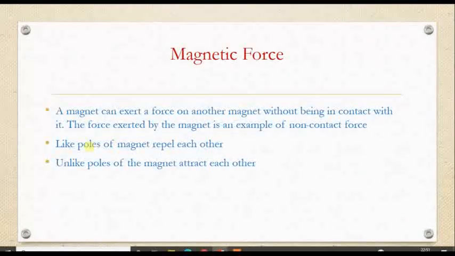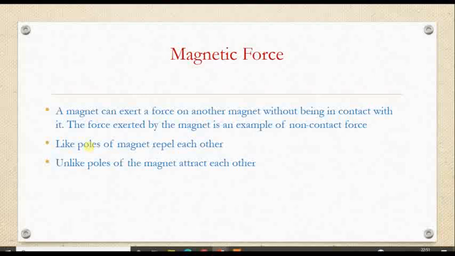Okay, so we have seen that video and how the magnets were attracting before coming into contact. That means they can exert a force even when they are not in contact. That's why magnetic force is called a non-contact force. A magnet can exert force on another magnet without being in contact with it.